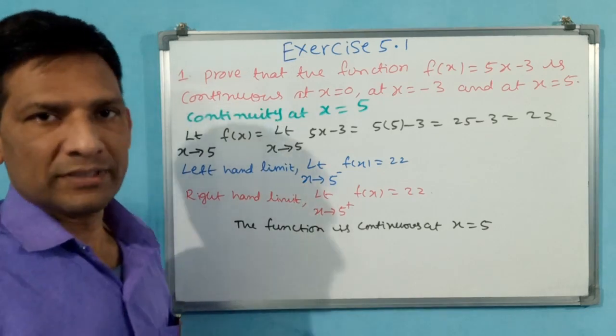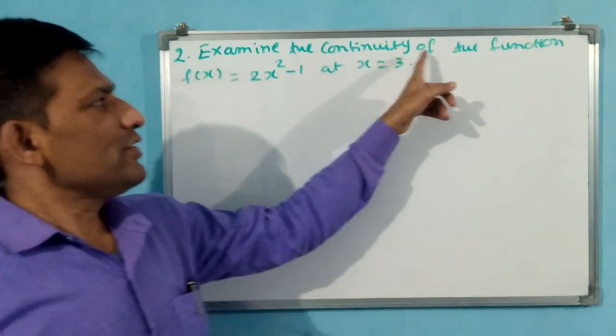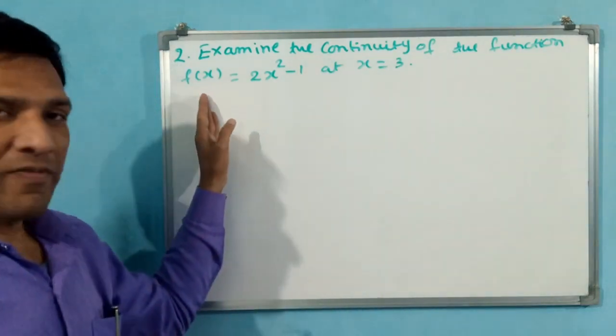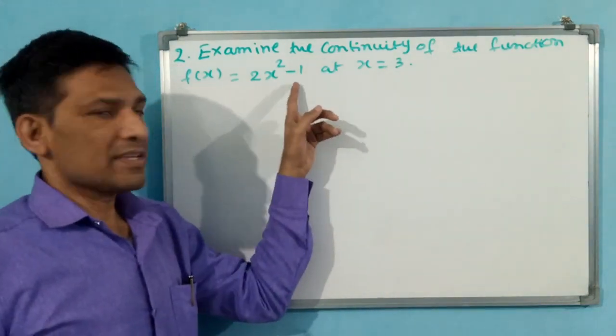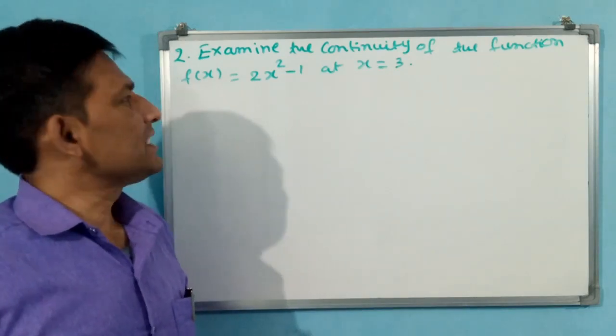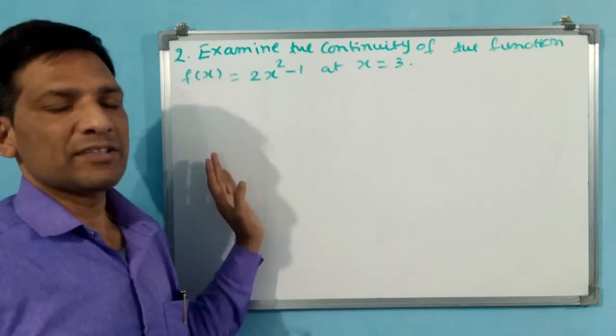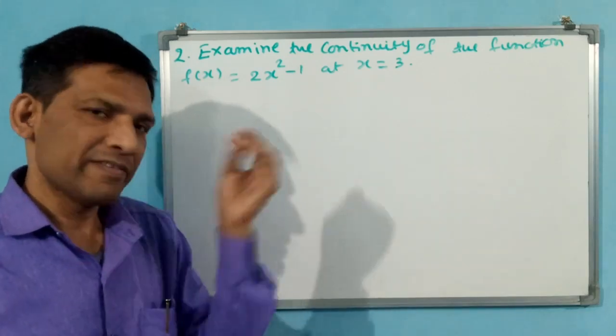Let us go for the second question. Examine the continuity of the function f of x equals 2x square minus 1 at x is equal to 3. Now also you can say that simply by seeing itself, it is an objective question, we can say that at x is equal to 3 it is continuous. Definitely it is continuous. Why?